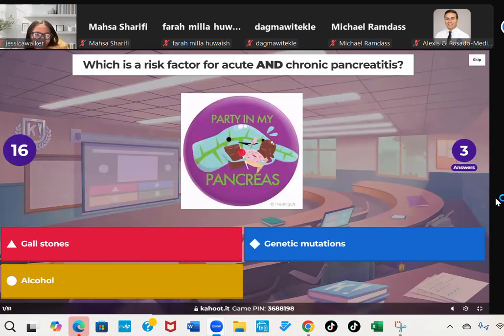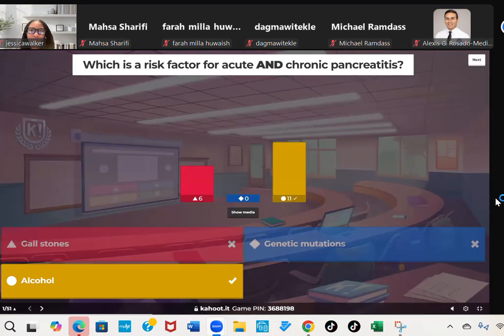Which is a risk factor for acute and chronic pancreatitis: gallstones, genetic mutations, alcohol? For acute and chronic, the biggest risk factor is alcohol. Gallstones are more acute because they're causing an obstruction, and that's going to hurt right away.